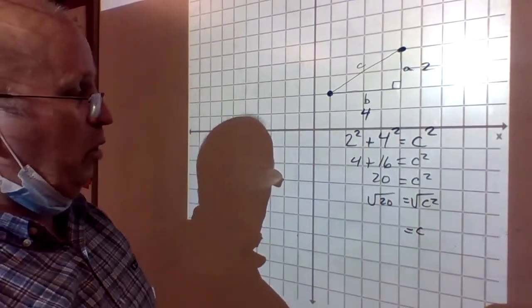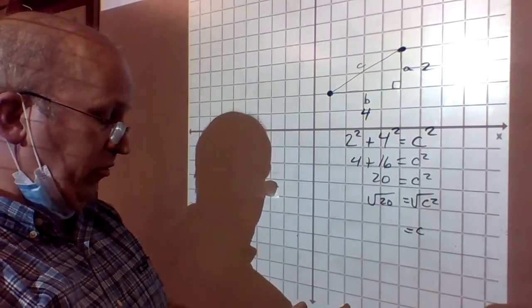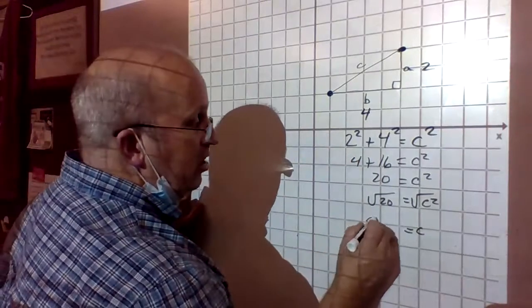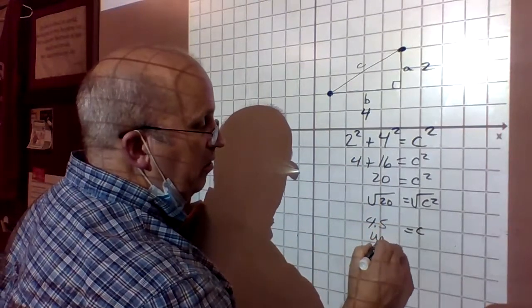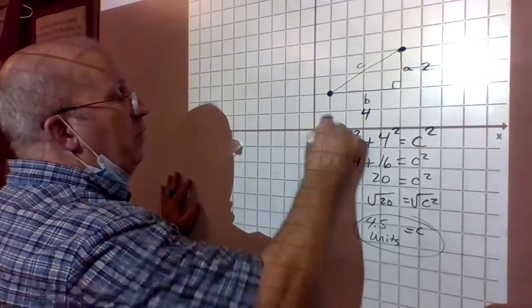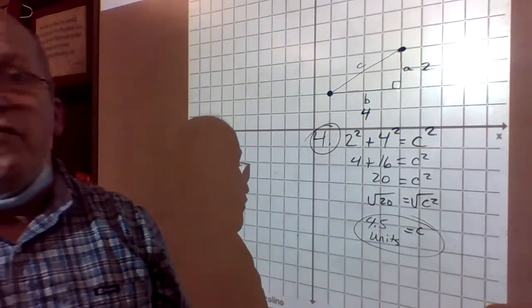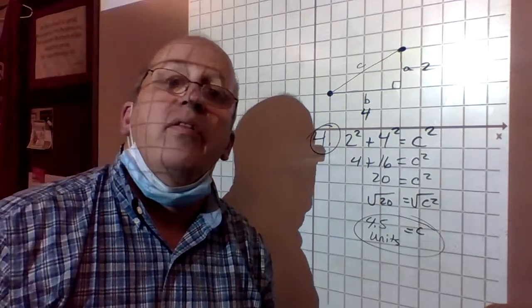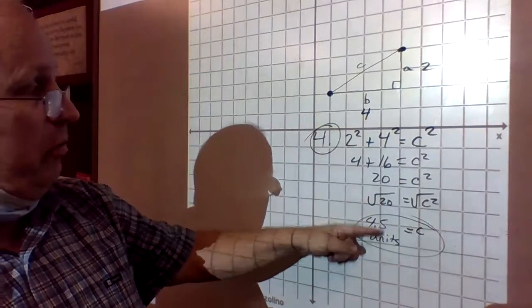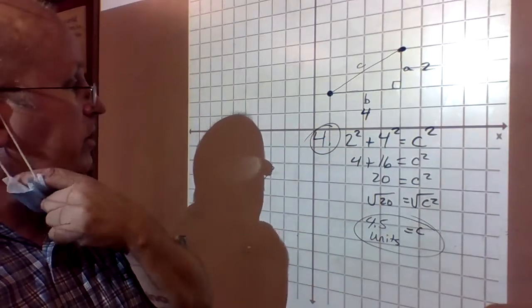I'm thinking it's somewhere between 4 and 5, so we punch in the square root of 20. Yep, 4.5 units is the answer to this problem. And this, folks, is problem 4. This is your first problem of the assignment. So all of this should be on your paper shortly.